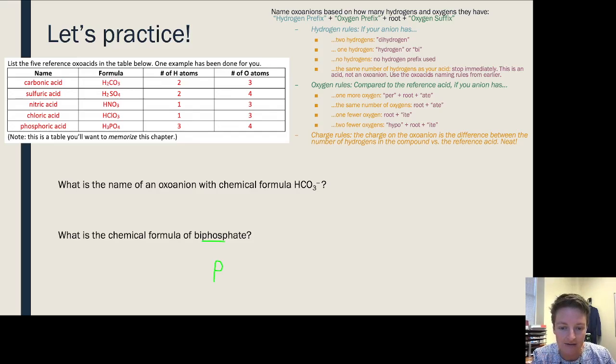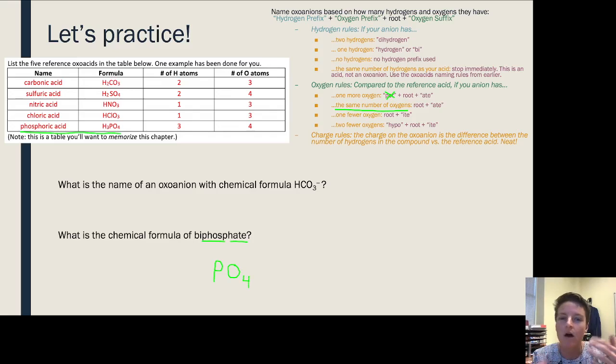I notice that I have the suffix -ate, and I don't have the prefix per-. So I know that I have the same number of oxygens compared to my reference acid. Here, my reference acid is phosphoric acid, and so I see that I'm going to need 4 oxygens in biphosphate.